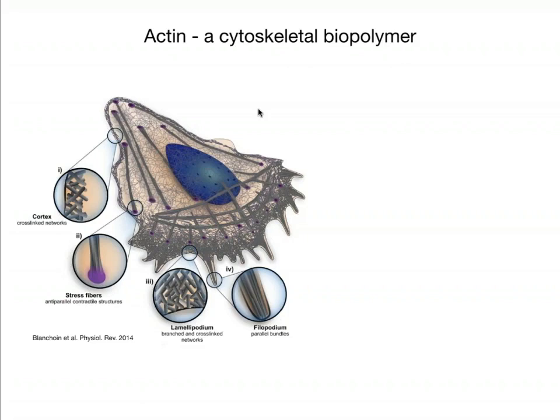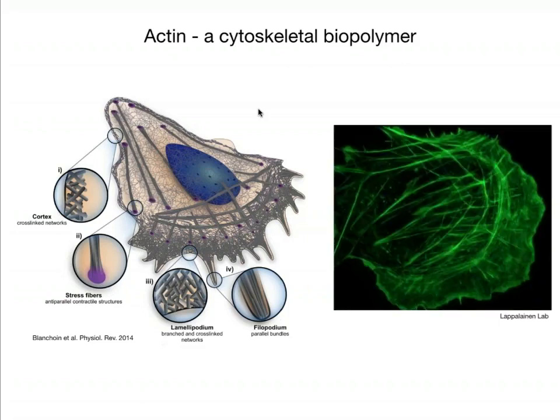And if you label actin with a fluorescent marker inside cells, it can be used as a very nice tool to visualize all of these structures live in cells in a fluorescence microscope. This way you can very nicely study the architecture and behavior of the actin cytoskeleton.